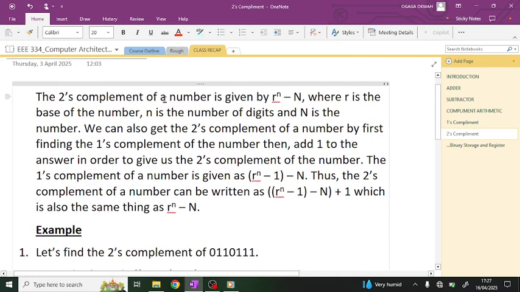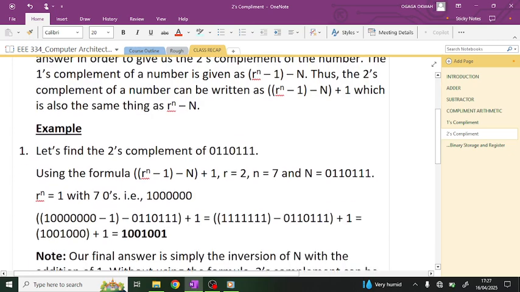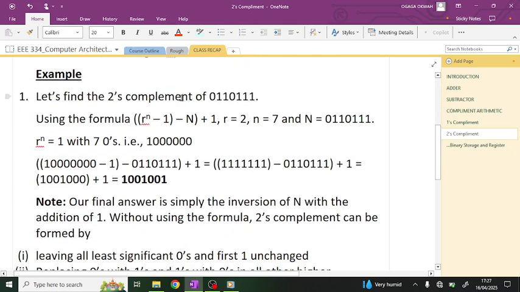Exactly what we said just now, that we can get the 2's complement of a number by first finding the 1's complement of the number and then adding 1 to the answer in order to give us the 2's complement of the number. So that's what we just did here. Inside is exactly the 1's complement. So we carried out the 1's complement operation and then we added 1 to it to give us our 2's complement. Okay, how many number of bits?